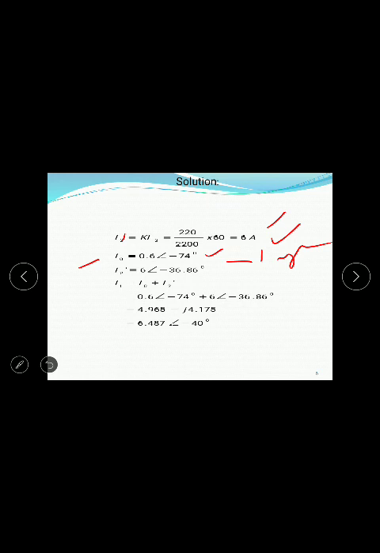This is the I1 value: magnitude 6.487 and angle minus 40 degrees. Minus 40 degrees means it is lagging, so it is an inductive load.